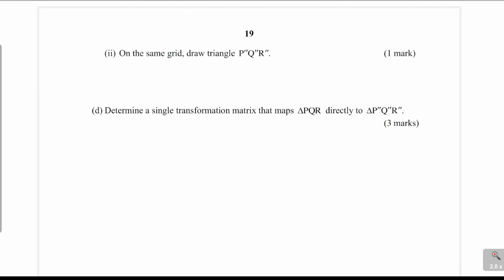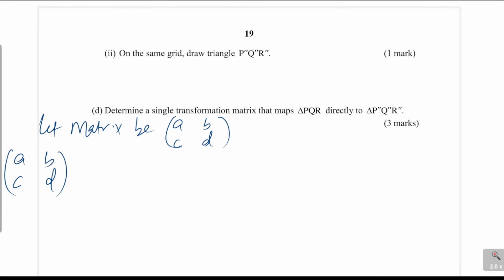So the last one: determine a single transformation that maps PQR directly to P double prime, Q double prime, R double prime. Now there are several ways of doing that. Because I don't know that transformation matrix, I'll let the matrix be represented by A, B, C, D. So I multiply that matrix with this triangle PQR, whose coordinates are 5, -1, 3, -1, and 3, -3.